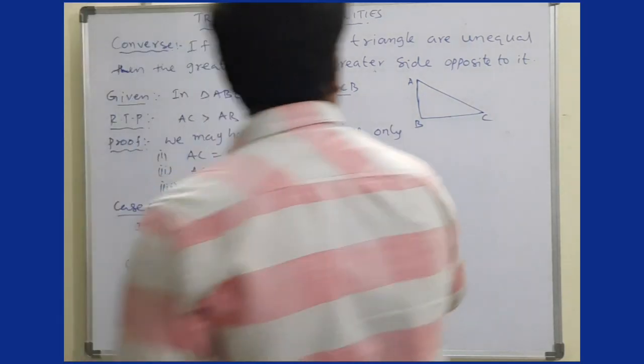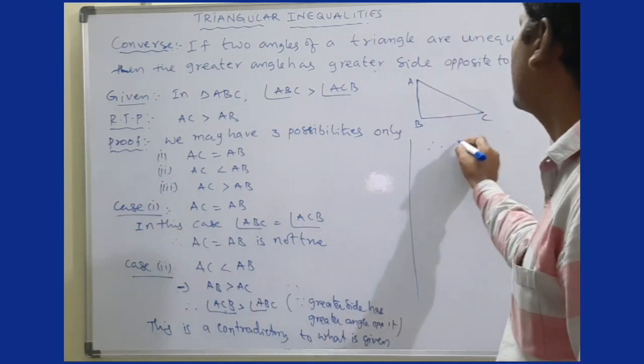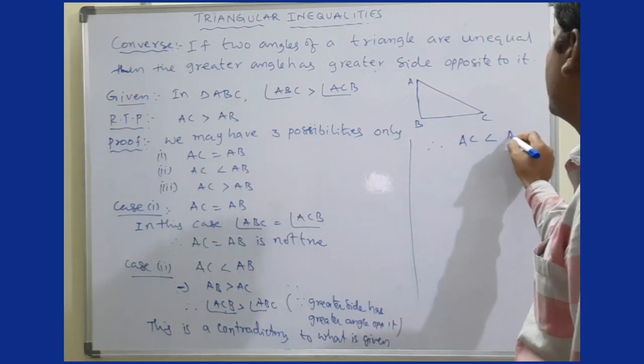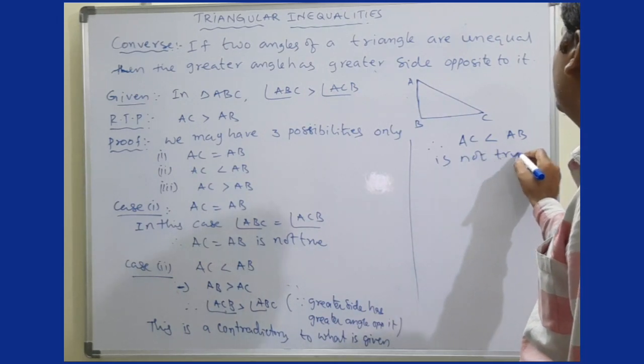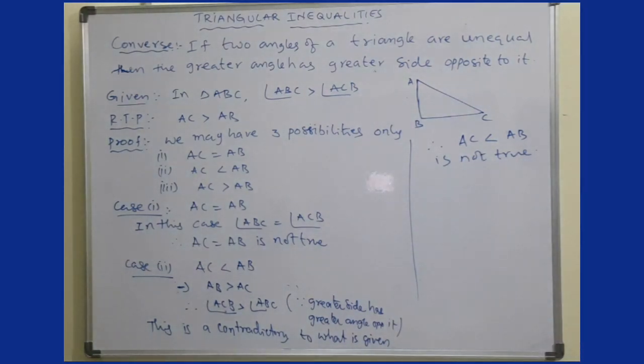Therefore, AC is less than AB is not true.